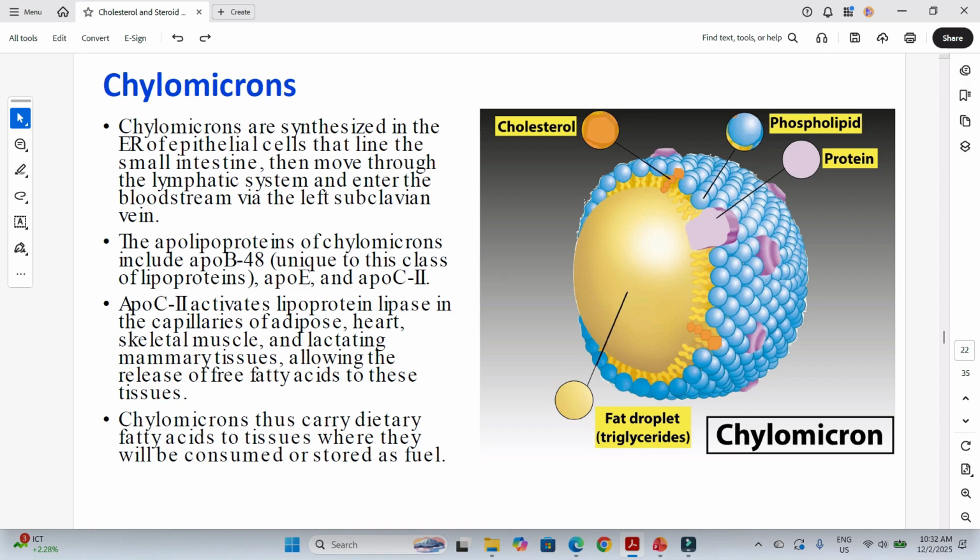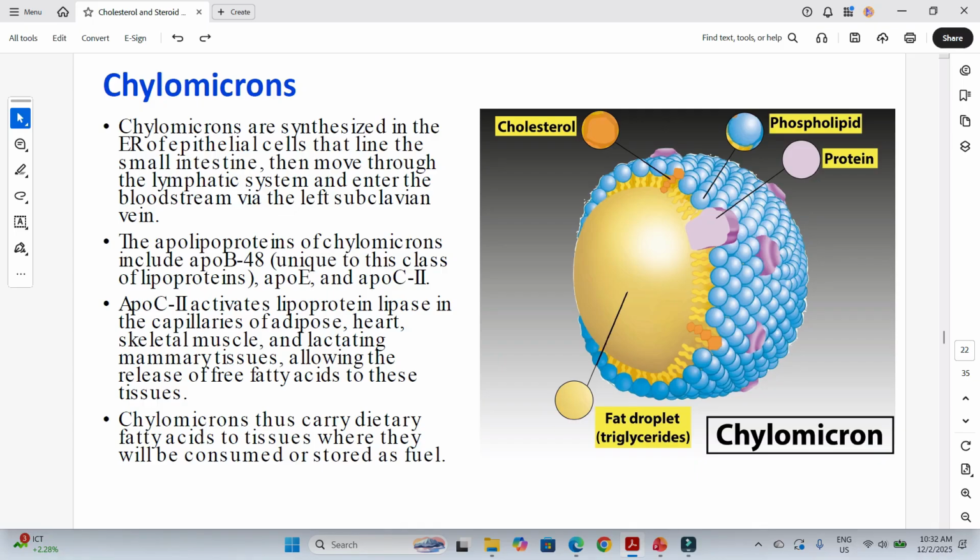The apolipoproteins of chylomicrons include ApoB48, ApoE, and ApoC2. Now, ApoC2 activates lipoprotein lipase in the capillaries of adipose, heart, skeletal, and lactating mammary tissues, allowing the release of free fatty acids to this tissue.